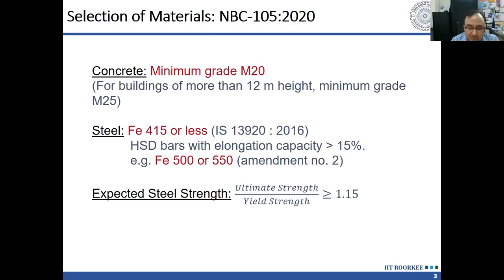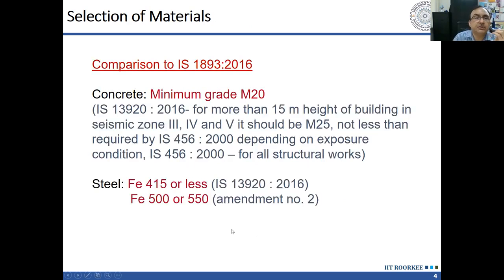So the length of the member which will experience yielding of steel will depend on this ratio. That's why a minimum ratio of 1.15 is given in both codes, NBC as well as the IS code. Almost the same conditions are given in IS 13920 also. Sorry, this is not 1893, this is 13920. So these are given in 13920 also.